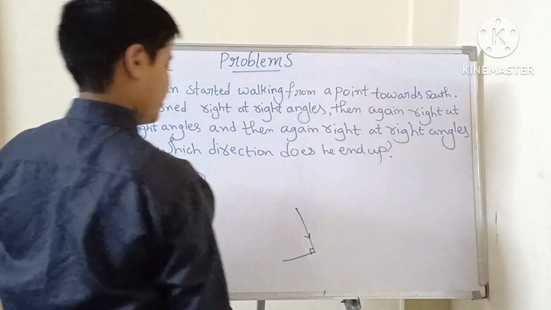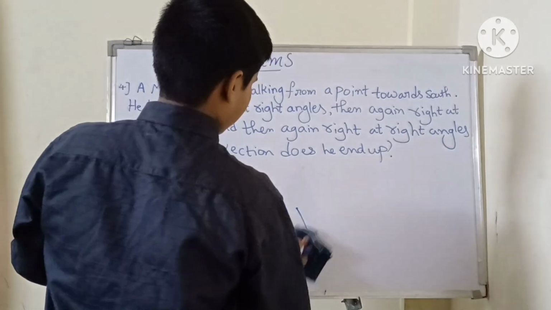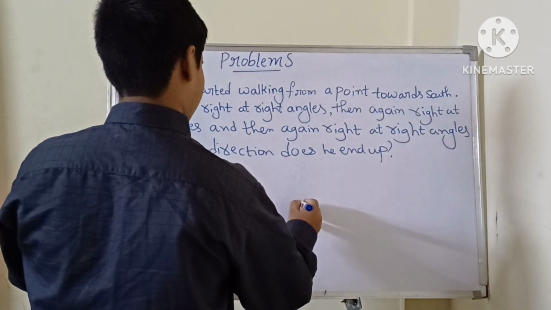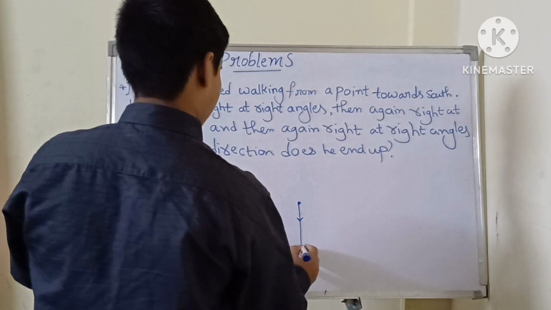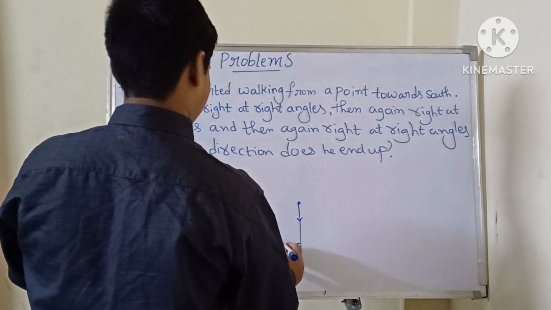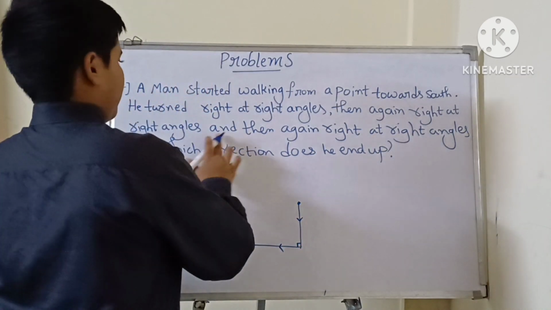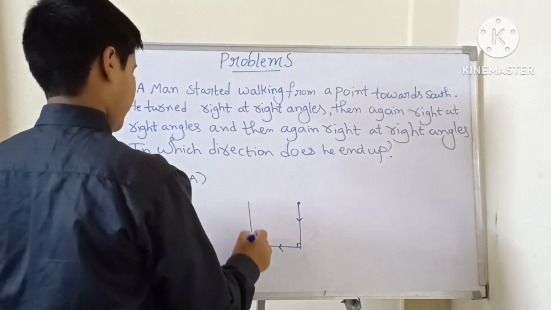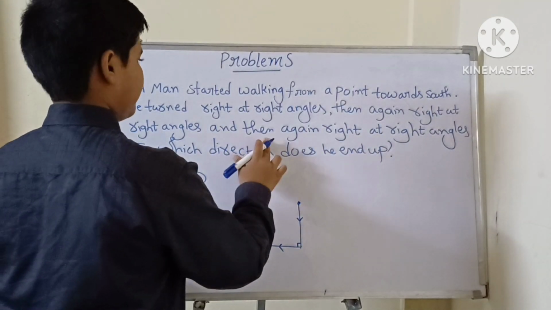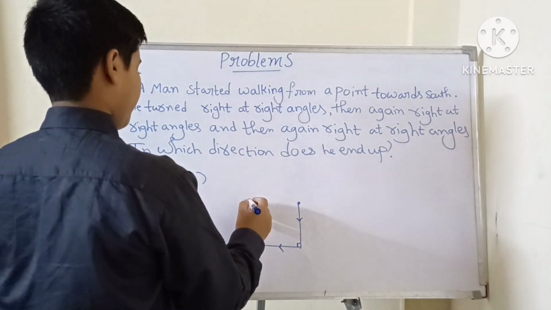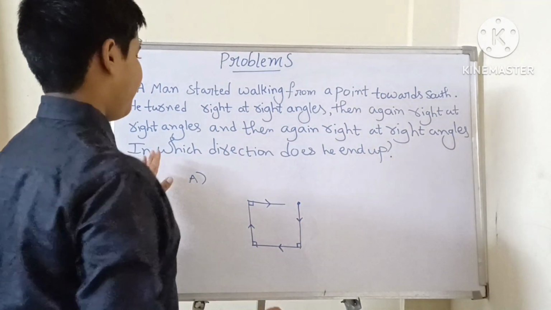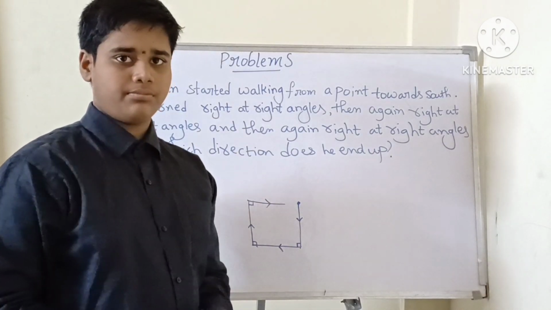Then again right. Here I am drawing neatly. Here this is the point. This is south, and he took a right at a right angle, and again right at a right angle, and again right at a right angle. And in which direction does he end up?